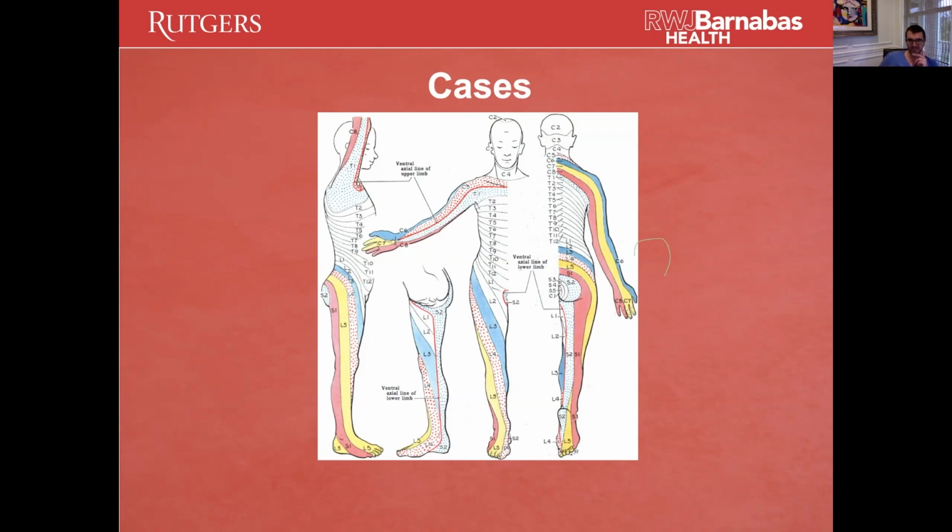So it may not actually go into the hands. However, a big enough disc at C5 could still irritate C6, C7, C8. So that's why it's not perfect. You can still get pain in other regions from a herniated disc at one level. But if you had true single nerve root pathology, this is what it should generally follow.